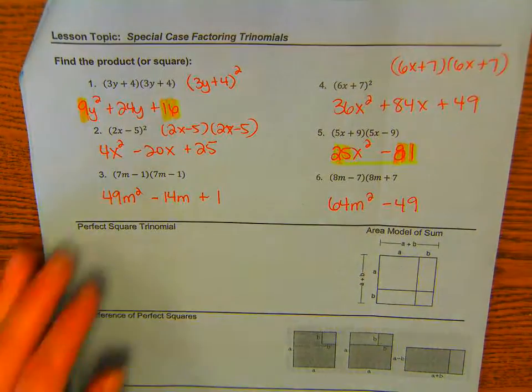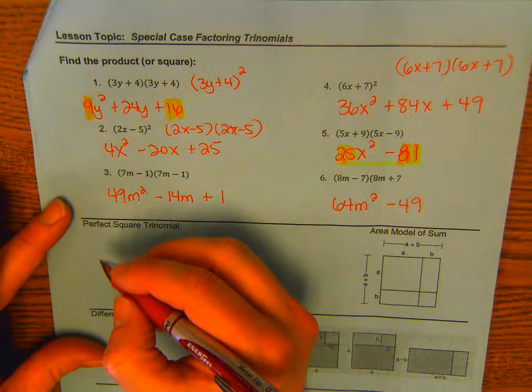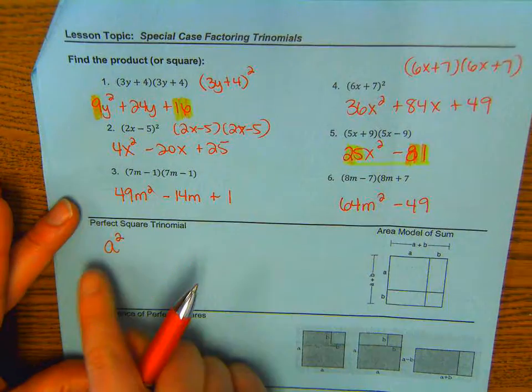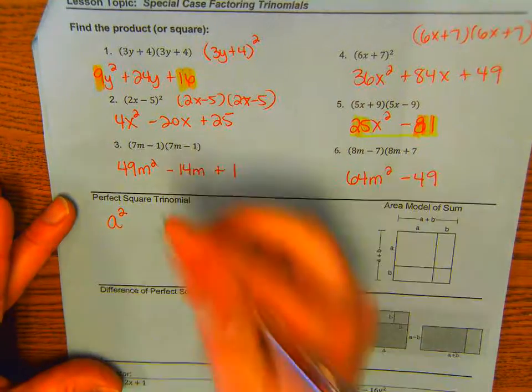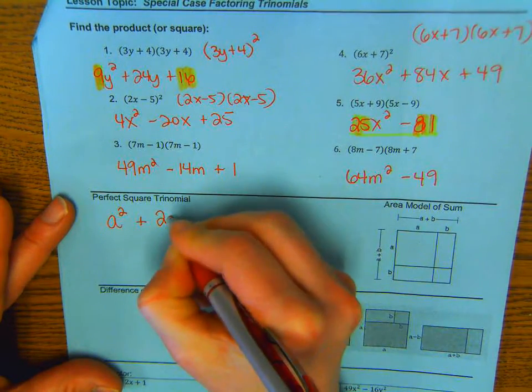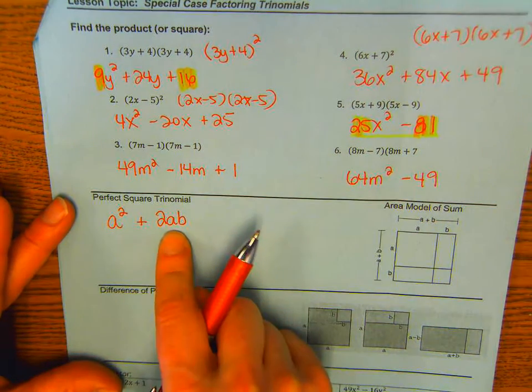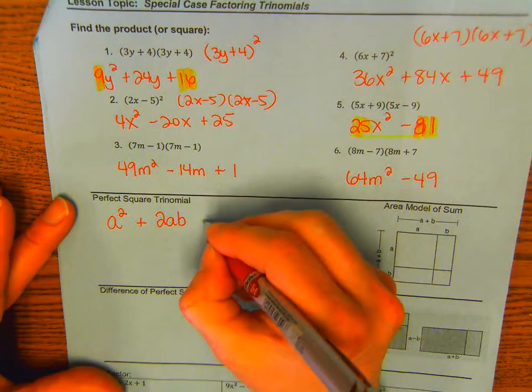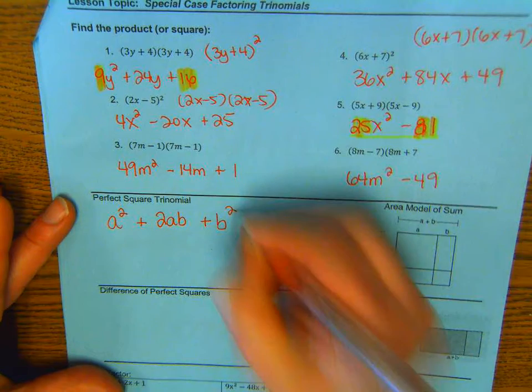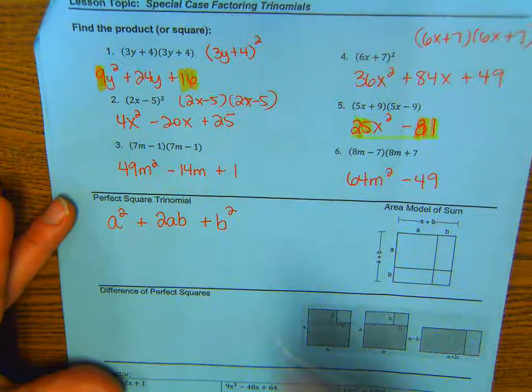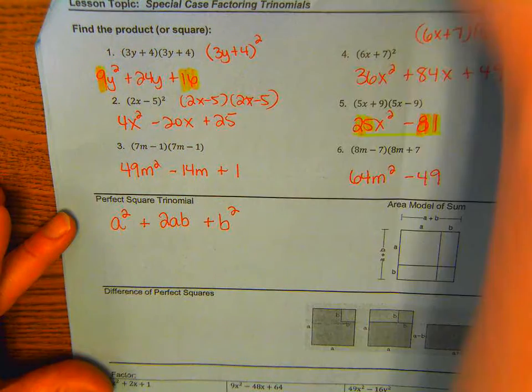Okay, so perfect square trinomials look like this. If you have a perfect square on the front, and you have 2 identical terms to make up the middle term, and then you have a perfect square on the back, that's called a perfect square trinomial. And we factor it, here's an area picture.